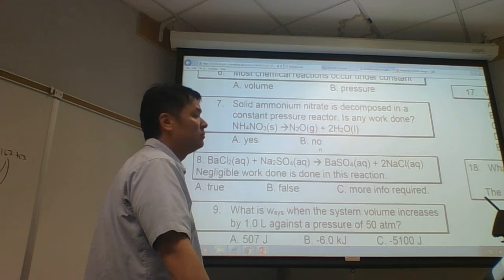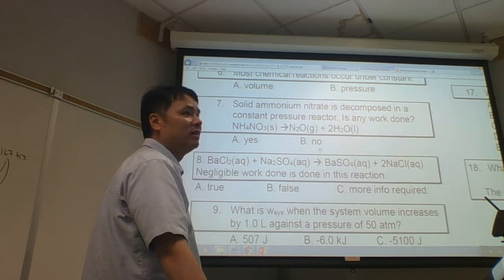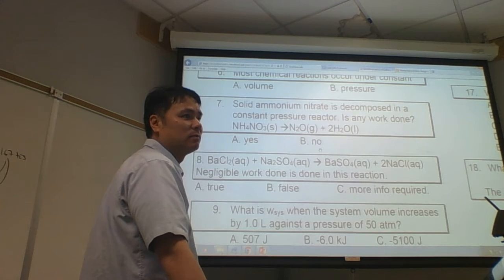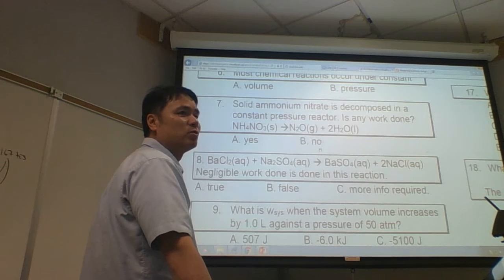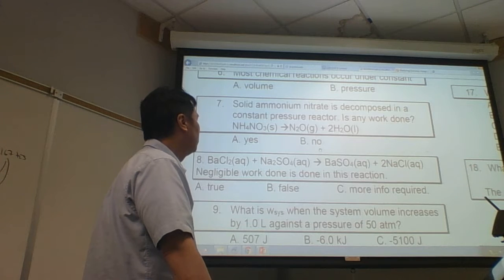N2O, that's going to take up how much space roughly? 25 liters. So the volume is going to expand by about 25 liters. If the volume expands by 25 liters, was work done? Yes, work's got to be done.